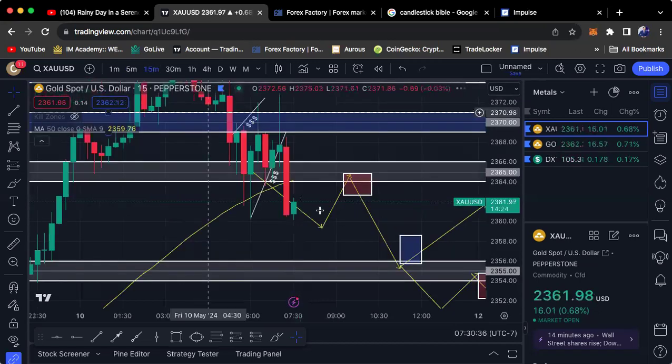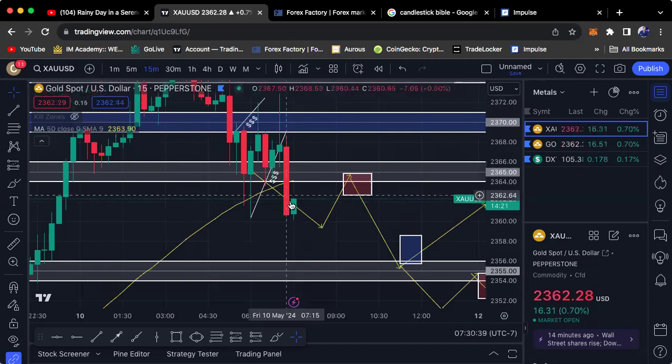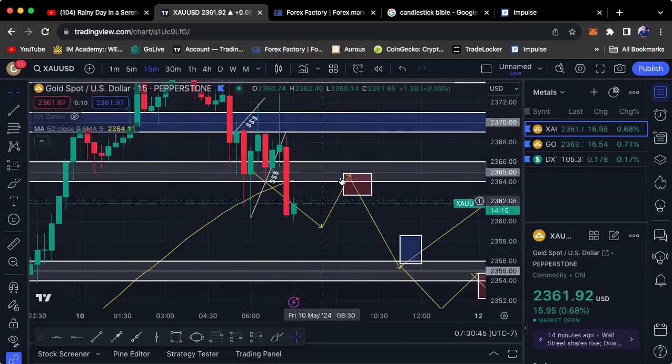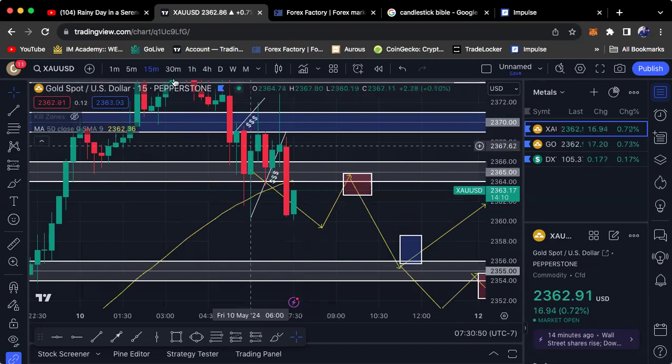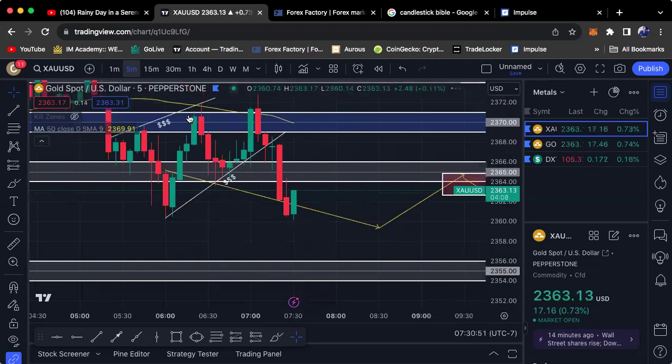But yeah, guys, just wait for that retest and wait for the next bearish candle to form, and then that's when you take the sell. So I would wait for the 45-minute mark. Let's see how price reacts again on the retest.